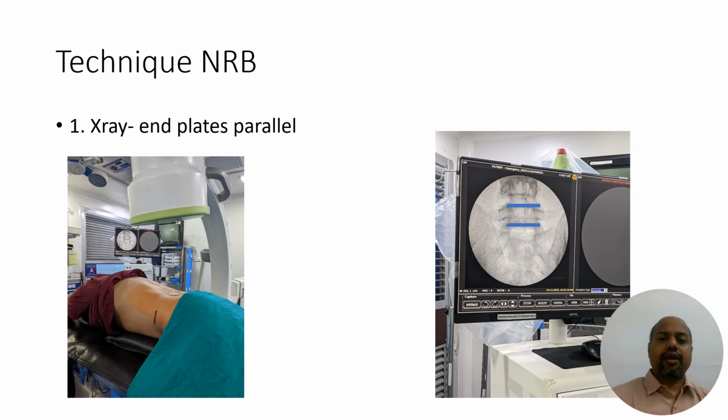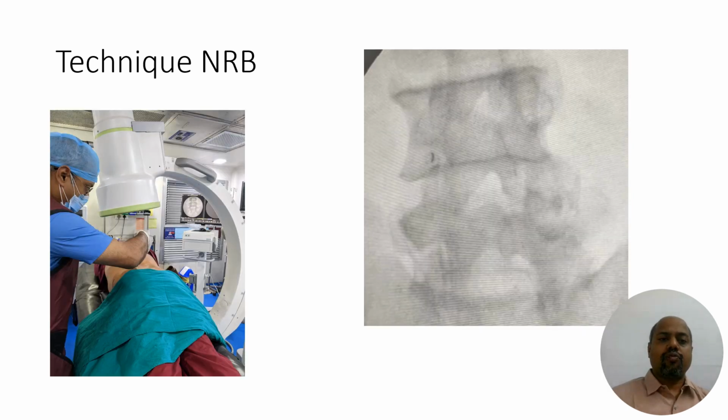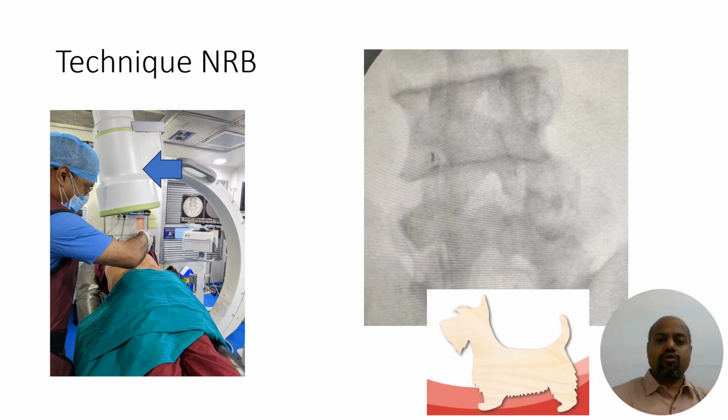Once the end plates are parallel, what we do next is turn the C-arm to the side in which we are going to give the injection. Then you'll get a picture similar to a Scotty dog image, in which this is similar to the face and this horn is similar to the horn of the Scotty dog, and this is the neck of the Scotty dog.